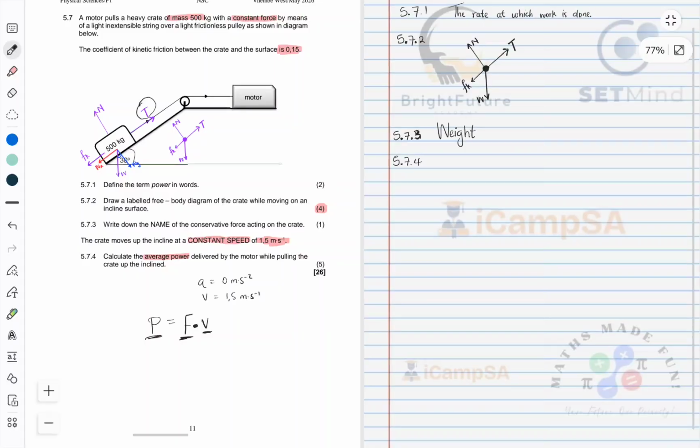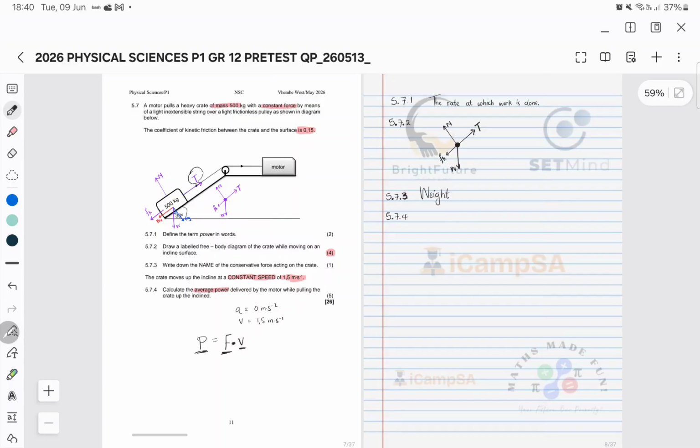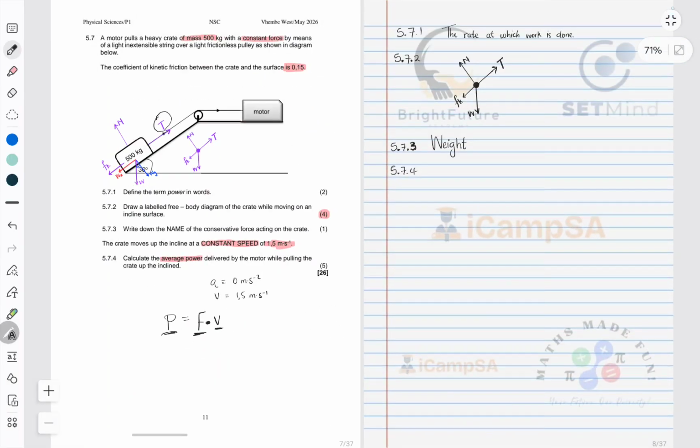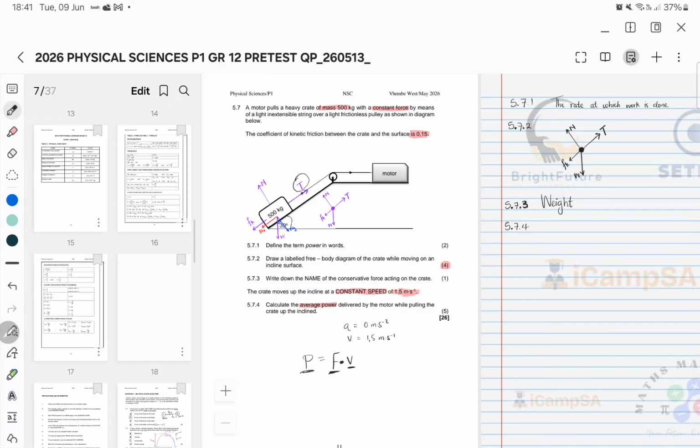In your formula sheet you would find this formula as well. Let's check. It should be somewhere here.